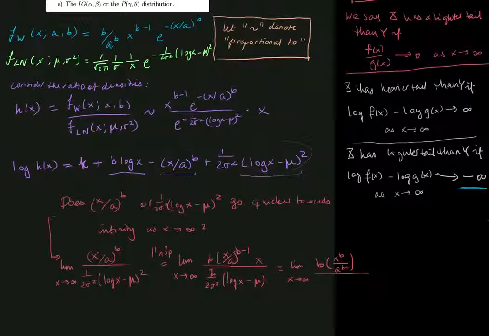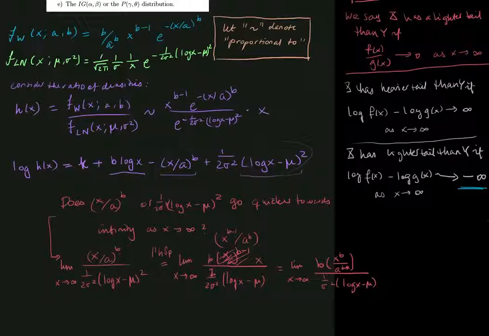So I just forgot to mention that earlier. This should be x to the b minus 1 divided by a to the b. Yes. And then down below we have 1 over sigma squared multiplied by log x minus mu.